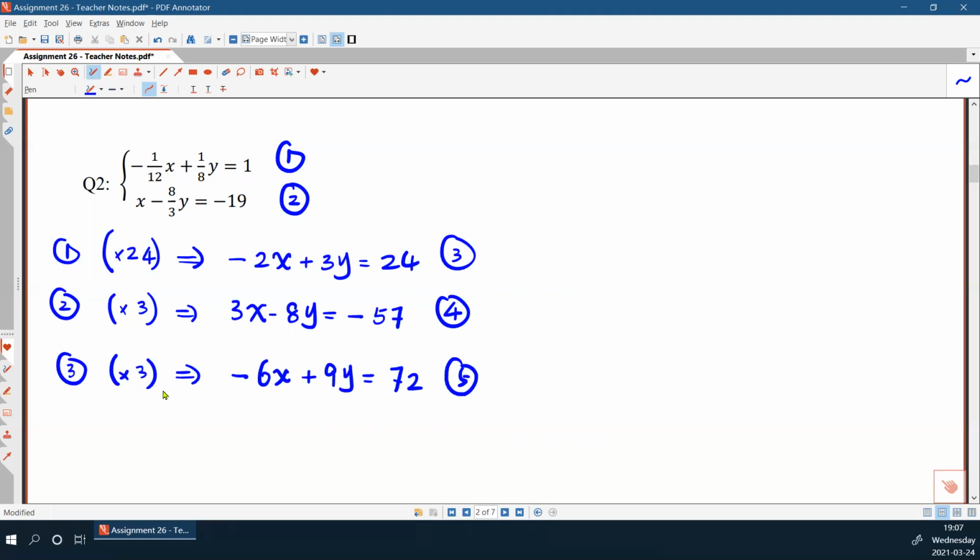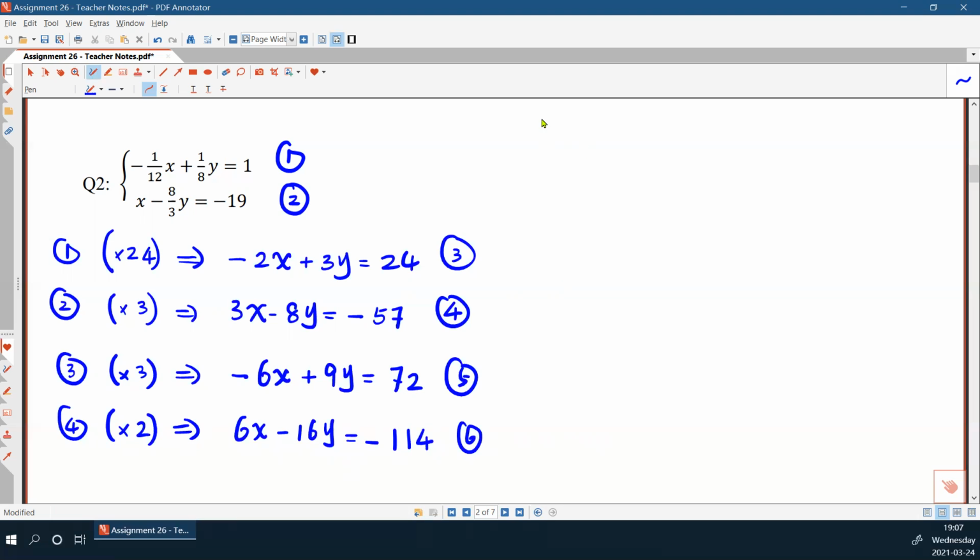Okay, let's say this is 5. And then for number 4, we can times 2 to both sides, which will give us 6x minus 16y equals minus 114, right?